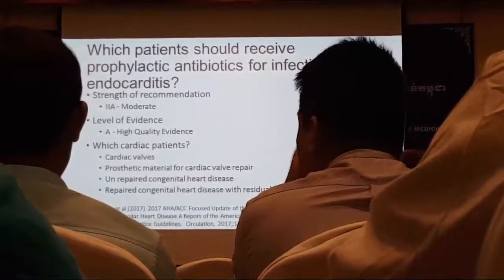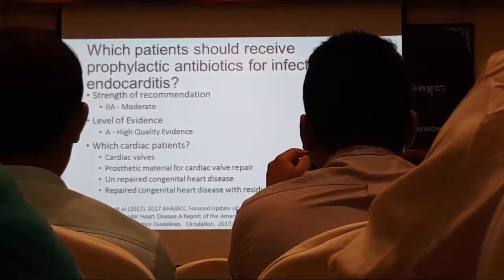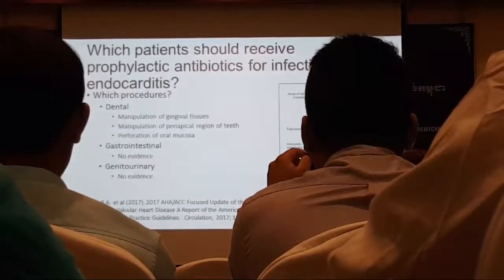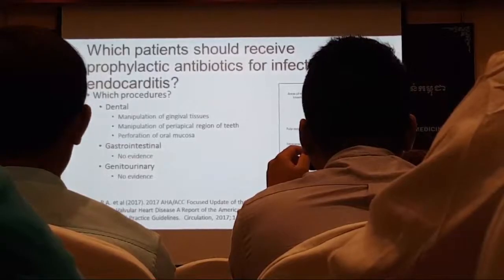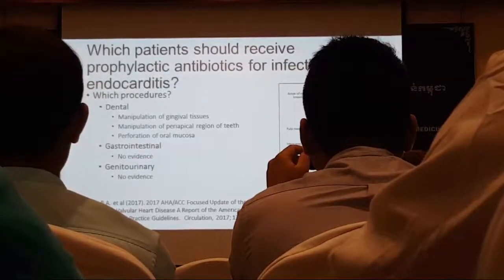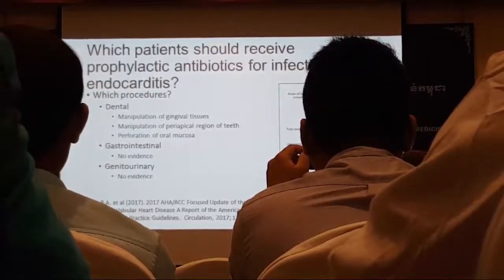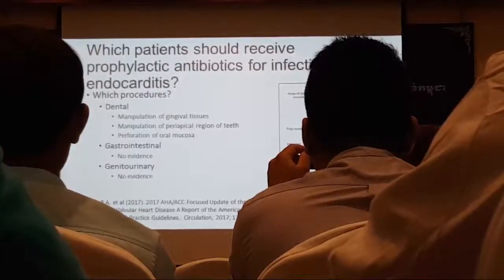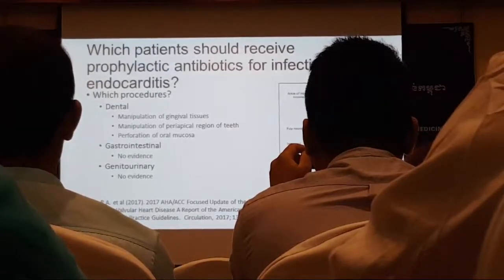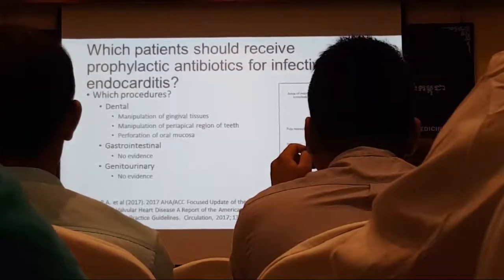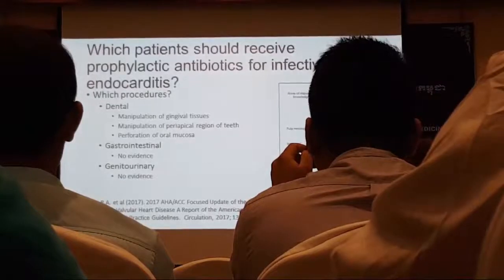So what are the procedures? These are the patients, but undergoing which procedures? Dental procedures are the procedures where we have strong recommendations. So we can say if there is manipulation of gingival tissue, or if they're having a procedure that involves periapical tissue, they should receive antibiotics.